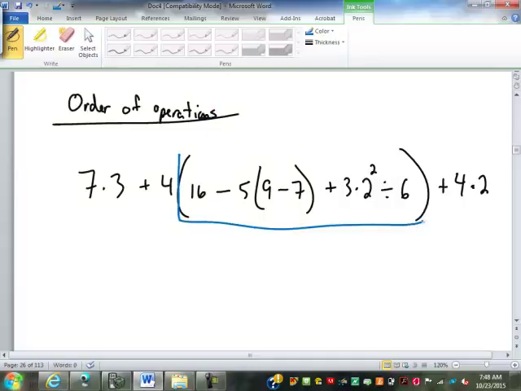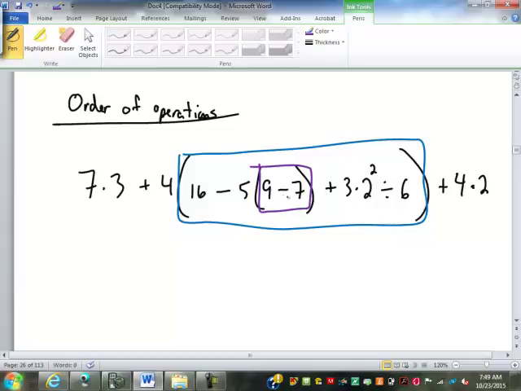So you got this here, right? But inside that parentheses, you still have to look through the order of operations. Are there any other enclosing symbols? Yep, right here. Inside there, any other enclosing symbols? No. Any powers, exponents? No. Multiplication or division?